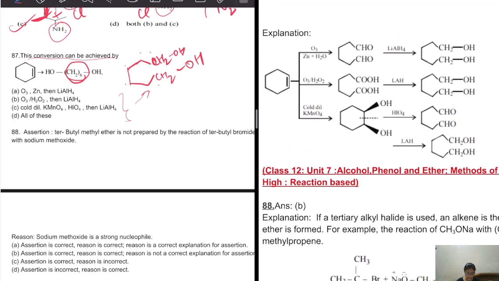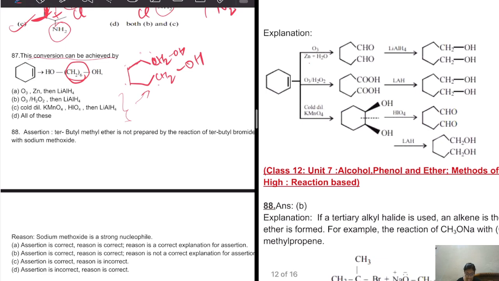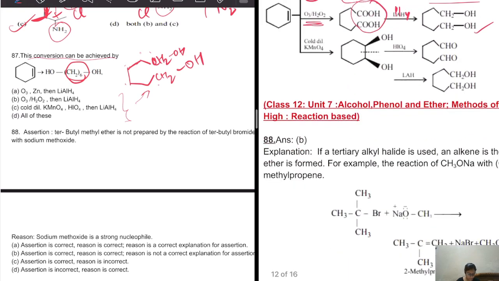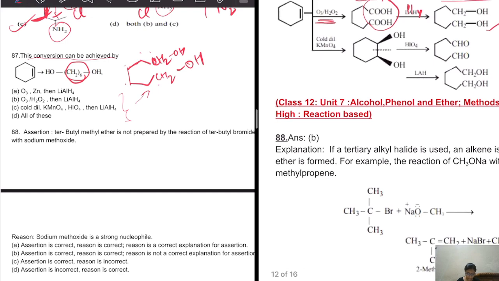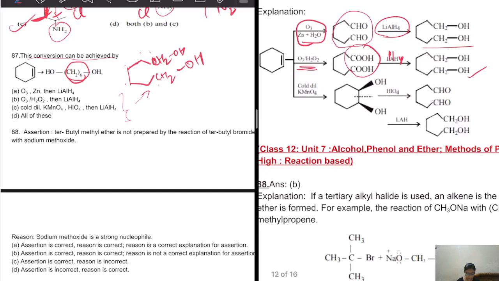O3 and Zn plus H2O. This will oxidize this and give this moiety. Then LiAlH4 will reduce and give this. Then the other set of reagents will give this, and LiAlH4 will then reduce it to again give the same product. And then cold dilute KMnO4. What will it do?